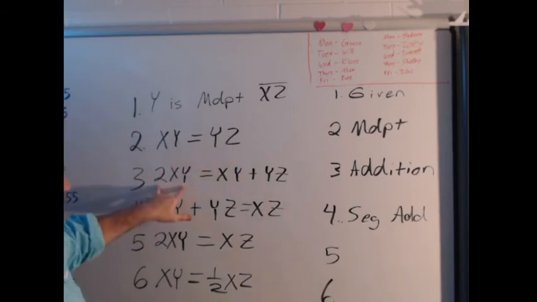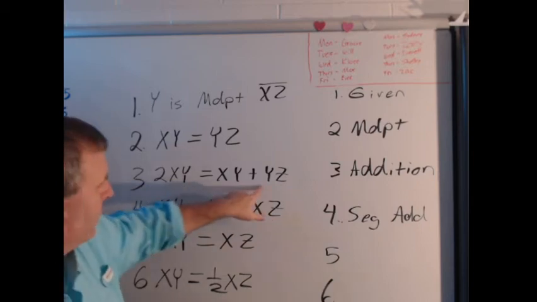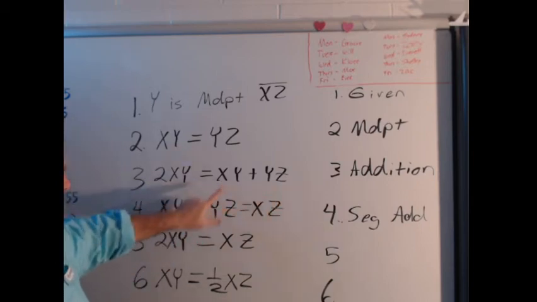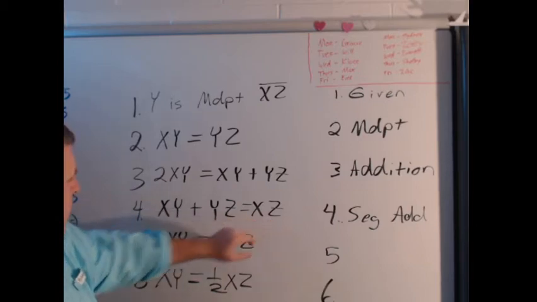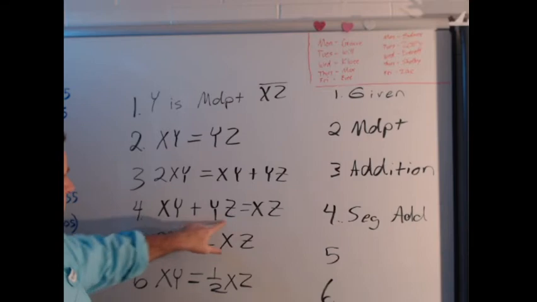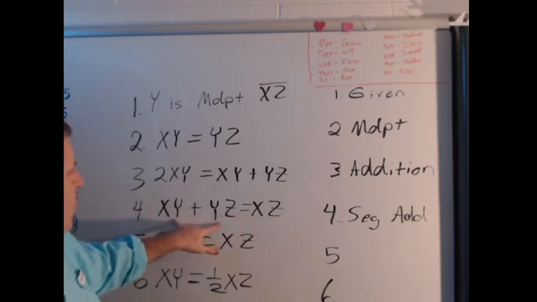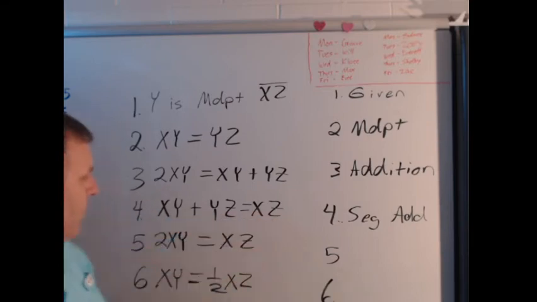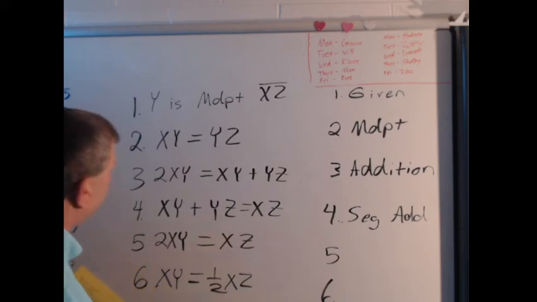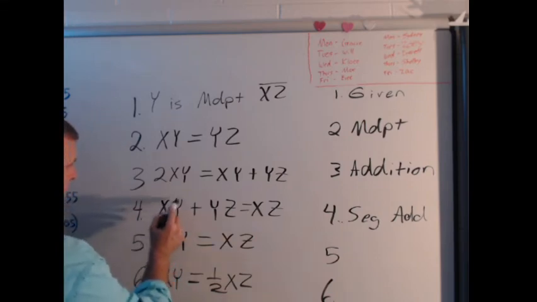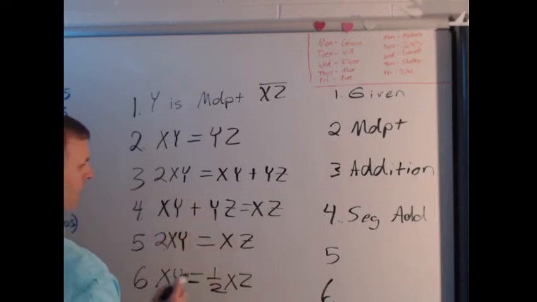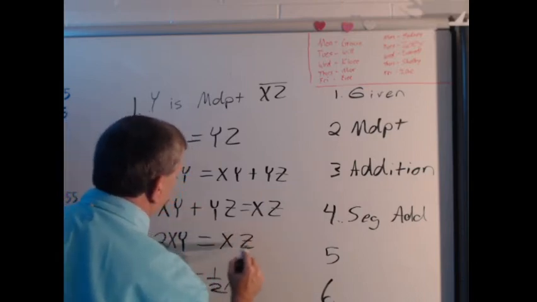If I take 2 times xy, then I know it's going to equal that whole line. If I take xy plus yz is equal to xz, I know that this is my segment addition. If I add these two parts of the line, they're going to equal the total. So now I can take 2 times this amount, the xy, and I can make it equal xz.